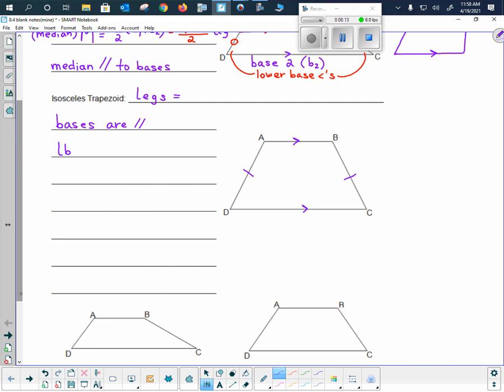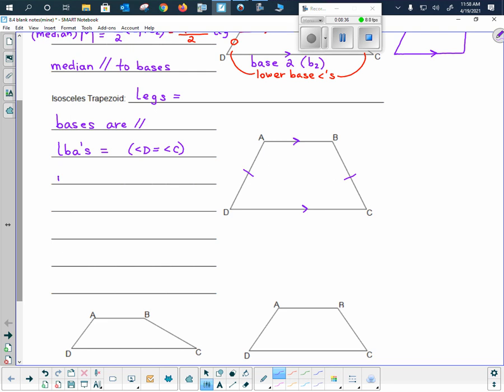So here's what you need to know about isosceles trapezoids: if those legs are equal, then all of a sudden the lower base angles become equal to each other. Okay, my lower base angles are which letters? Right, D and C. So we're saying angle D equals angle C.